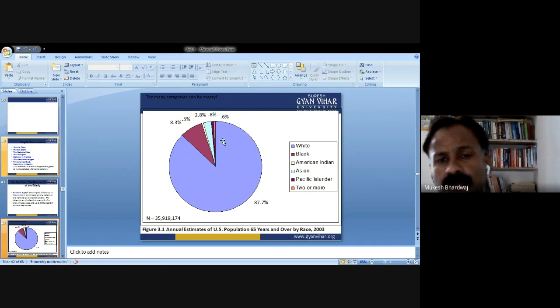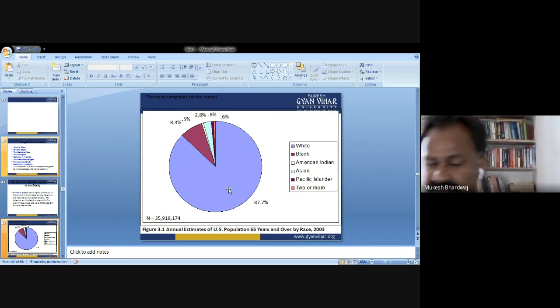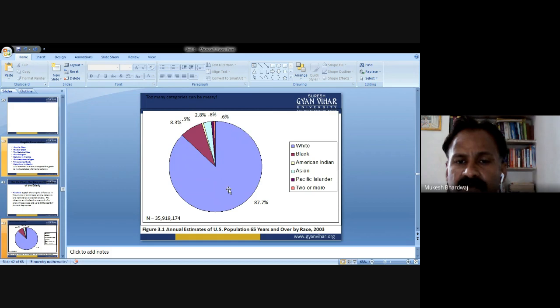Okay. So in this way, on the basis of race, the people who are aged 65 and more are represented through the graph, or the pie chart. So this is the pie chart method for representing the data.